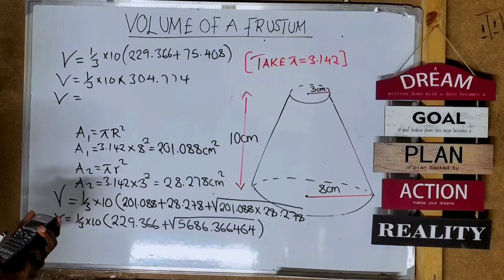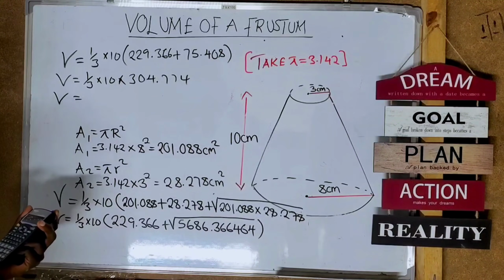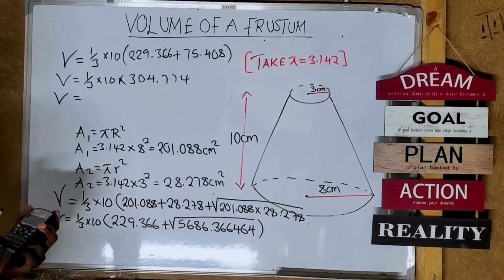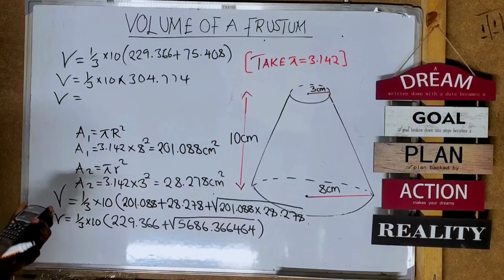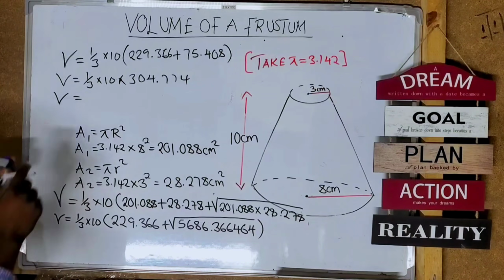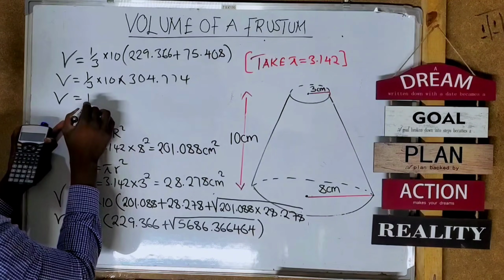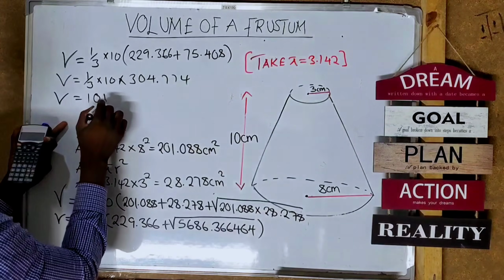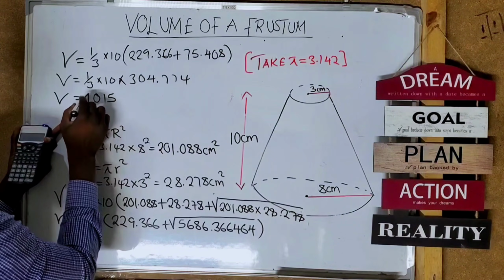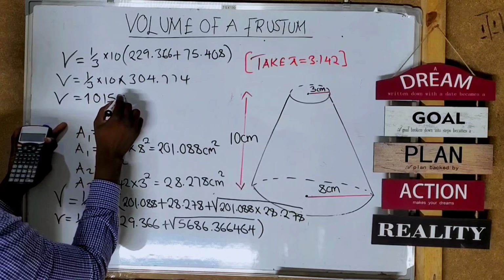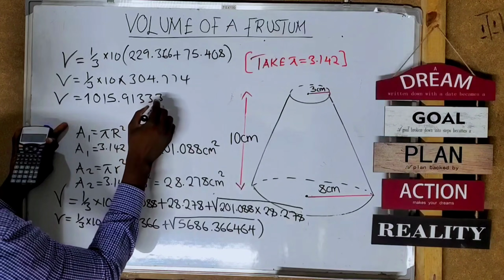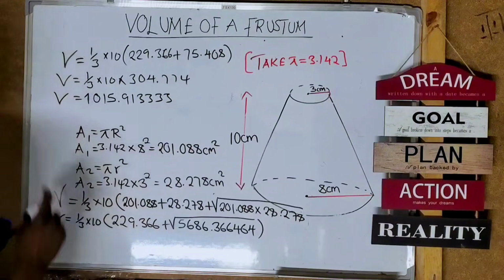Let's finally find the answer, so we multiply everything there: 304.774 times 10 times 1/3. This is giving me 1015.9133343.